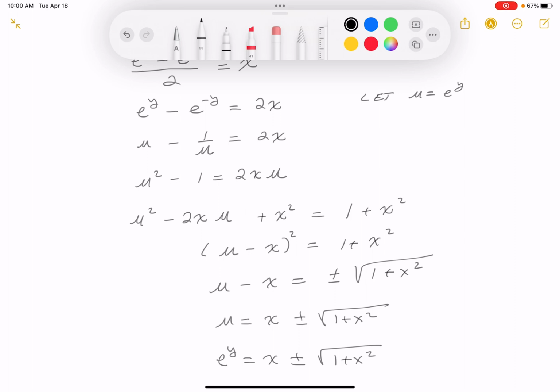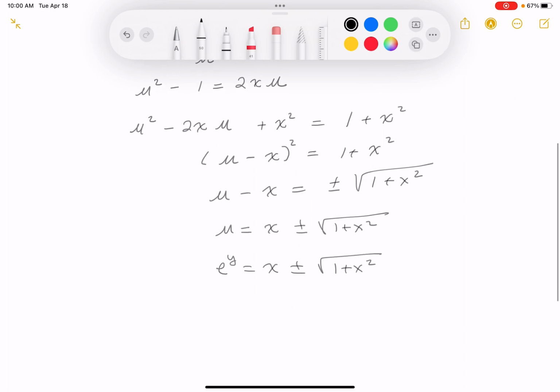Since e to the y is greater than 0, I'm going to write this instead: e to the y is equal to x plus the square root of 1 plus x squared. I know that has to be the case. Let me think about that again. Yeah, it has to be the case.